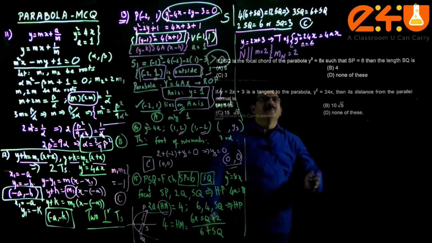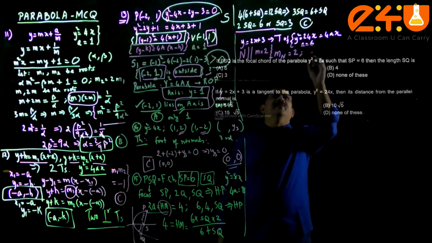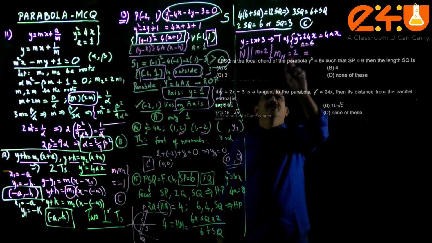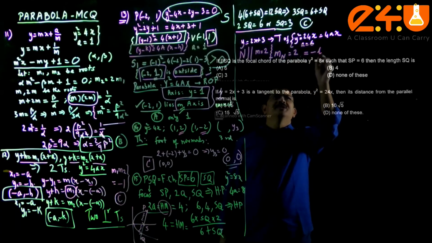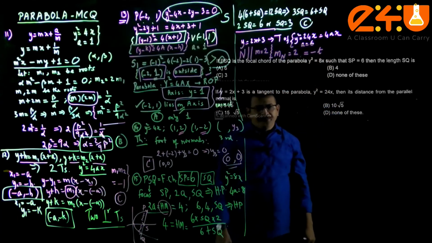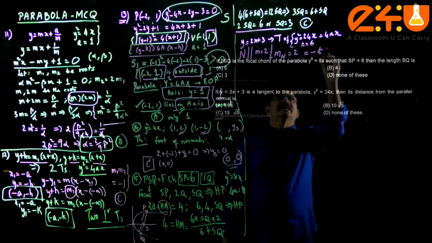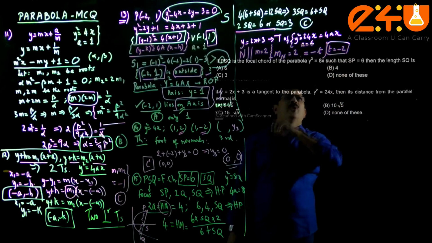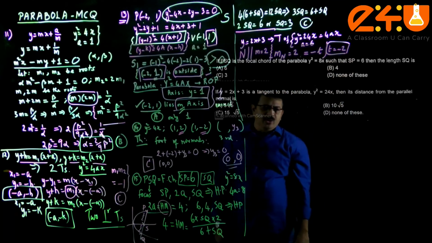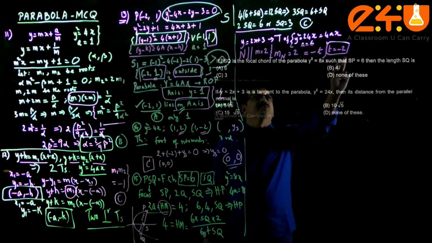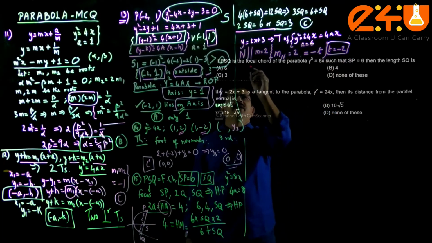So negative t, the slope of the normal, is 2. So I get the value of t as minus 2.